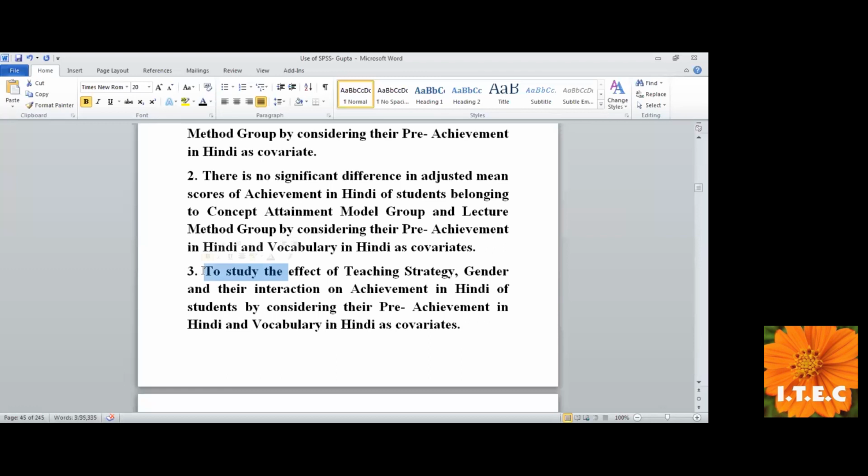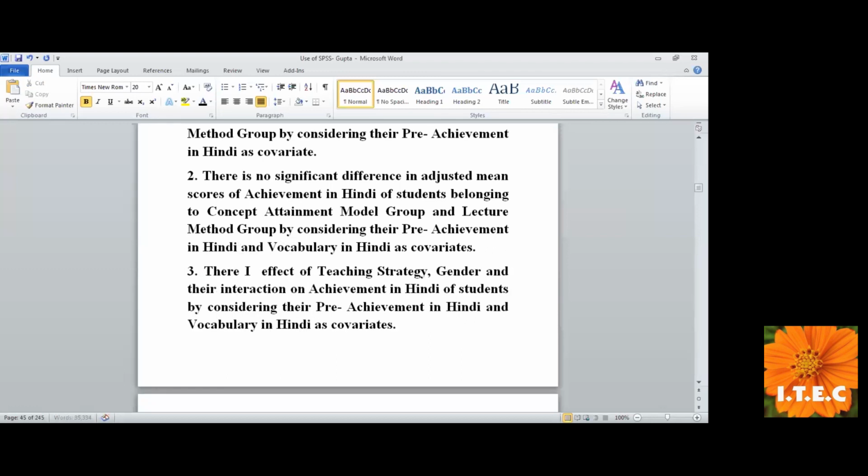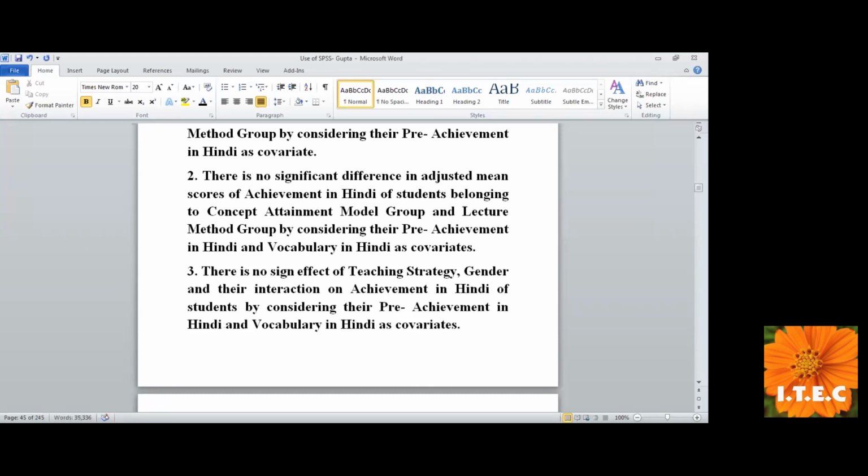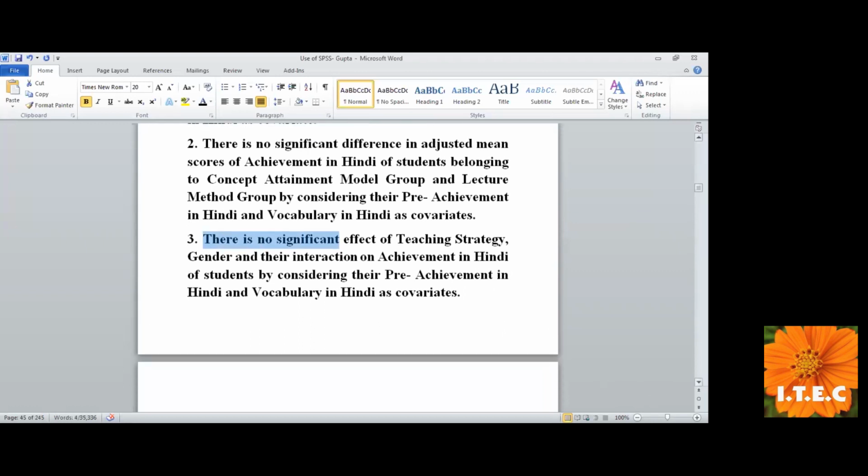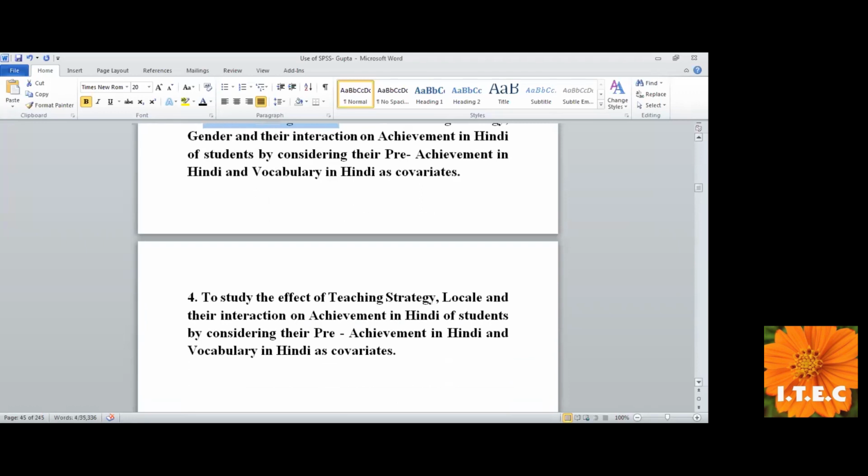Then another is, there is no significant effect of teaching strategy, gender, and their interaction on achievement in Hindi of students by considering their pre-achievement in Hindi and vocabulary in Hindi as covariates.